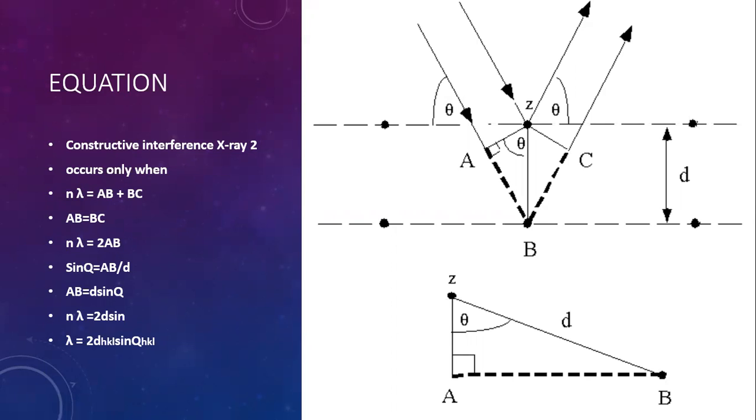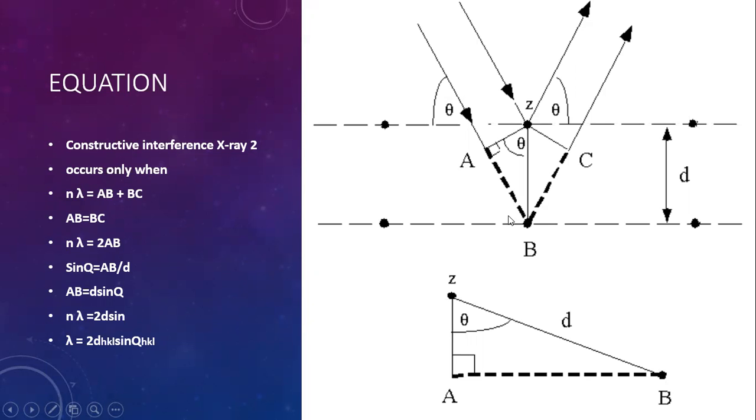The X-ray first of all passes on one atom, with the same angles for the incident ray and the scattered ray. After the X-ray passes, a triangle is formed as shown in this picture, with an angle of 90 degrees, and it also has another angle known as theta, which is similar to this angle.